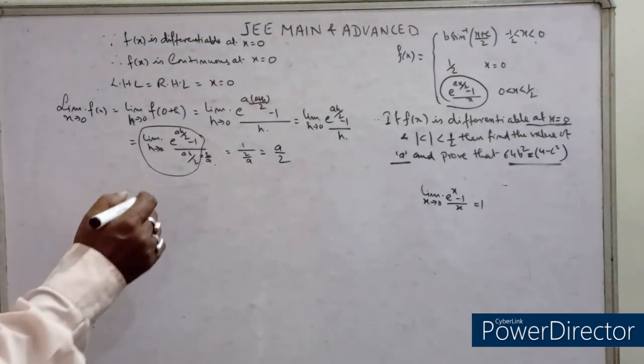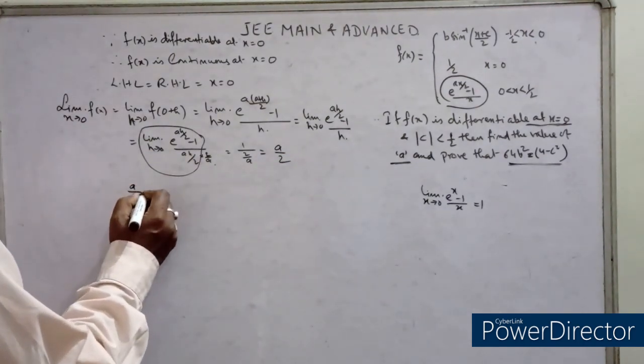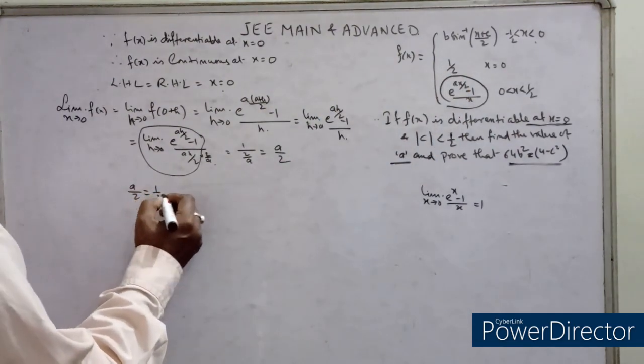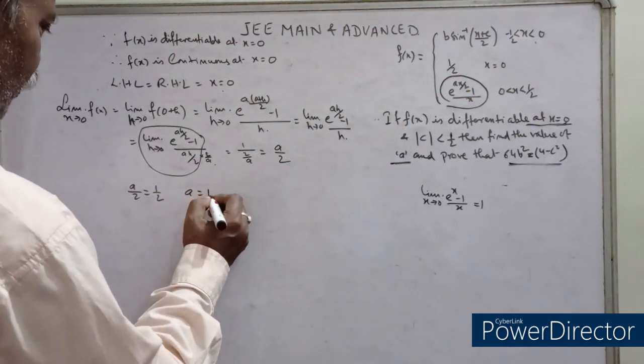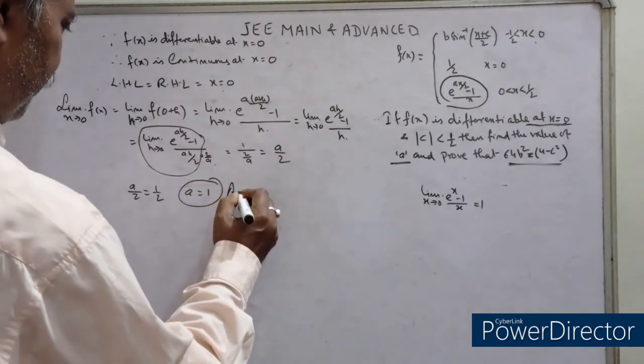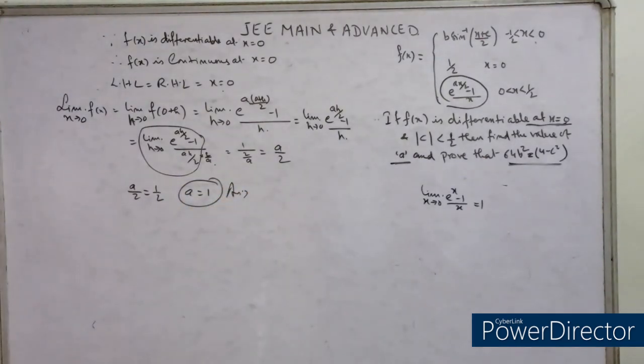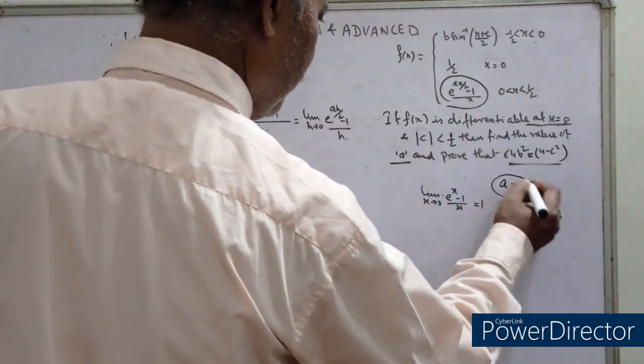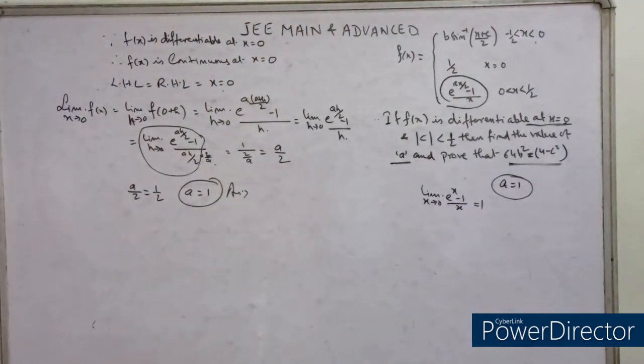This a by 2, at x = 0, is half, so the value of a is equal to 1. This is your answer. The value of a I have got is equal to 1.